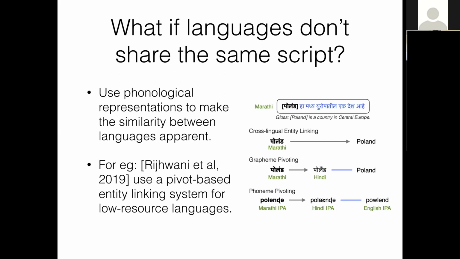But if you convert all of this orthography into its phonemic representations, which is approximated by the International Phonetic Alphabet here, you can see that immediately the similarity between the languages becomes very apparent. So phonological representations provide a nice way to leverage lexical overlap when languages don't share the same script.